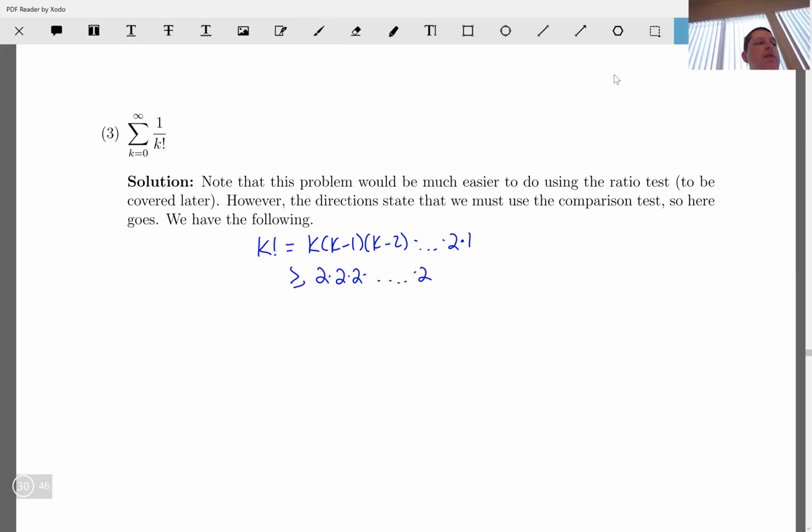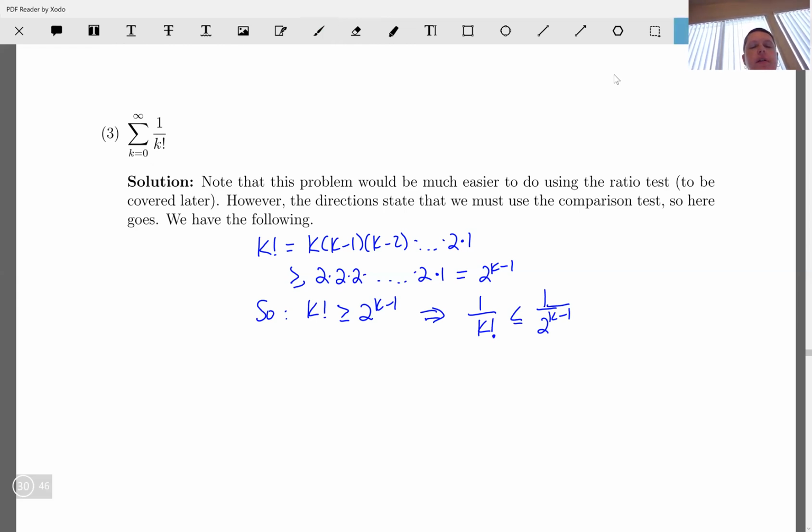That's a good question. Times 1, of course. And this is 2 to the k minus 1. Right, so this is what we have right now. We have k factorial is greater than or equal to 2 to the k minus 1, which means that 1 over k factorial is going to be less than or equal to 1 over 2 to the k minus 1.